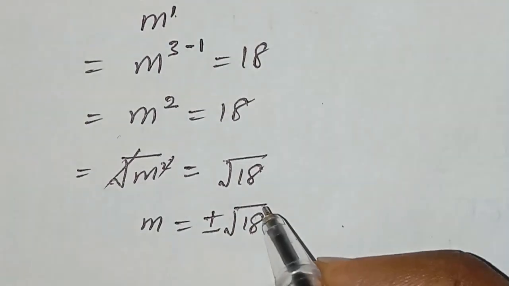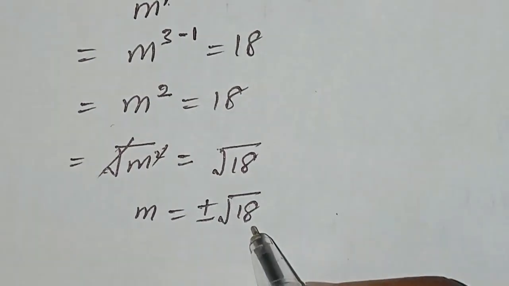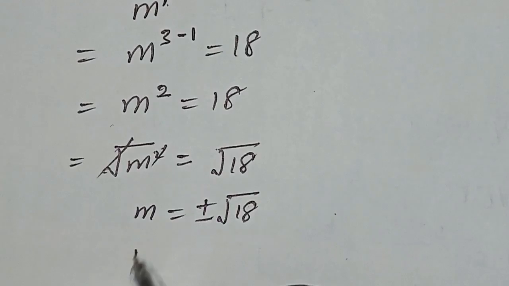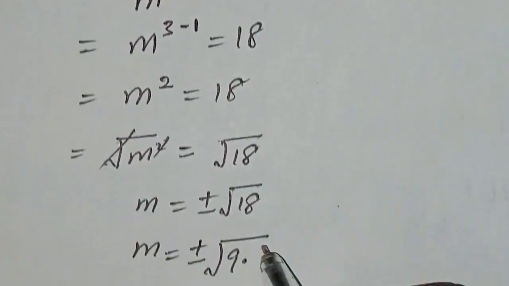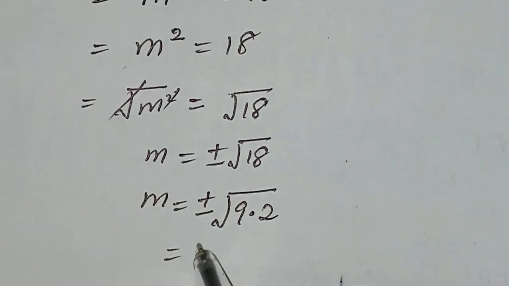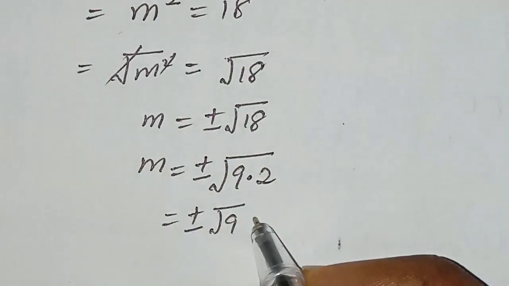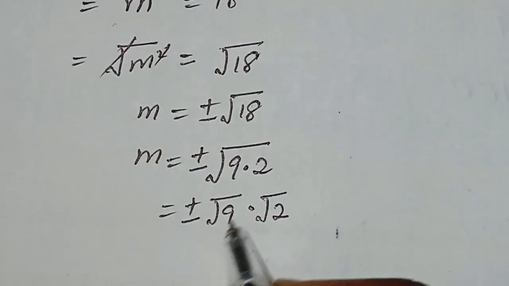the square root of 18. Now we can simplify this as m equal to plus or minus the square root of 9 multiplied by 2, and this is equal to plus or minus the square root of 9 multiplied by the square root of 2.